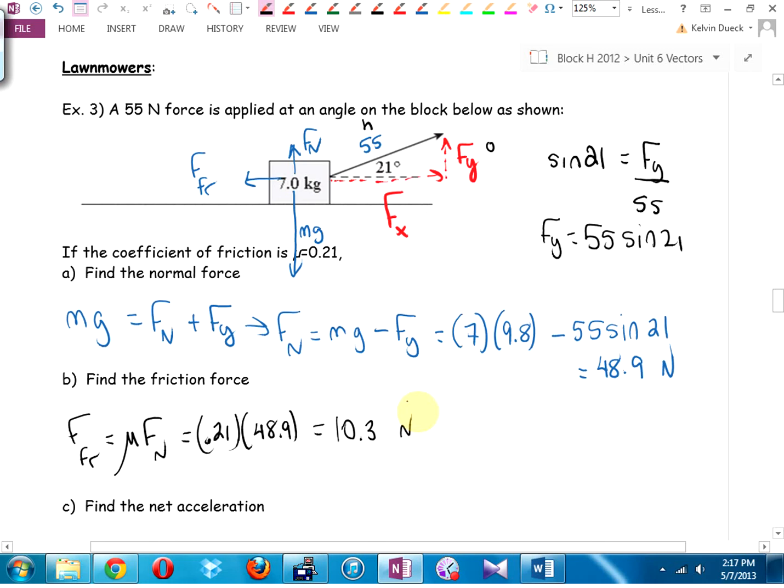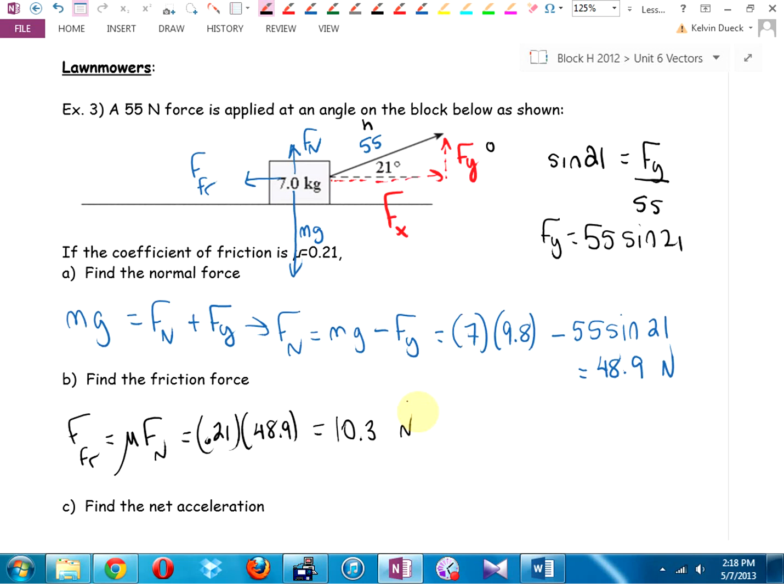By the way, if I lifted up at a higher angle, what would happen to Fy? Bigger, smaller, or stay the same? Bigger. You're lifting up bigger. If this number got bigger, what would happen to the normal force?